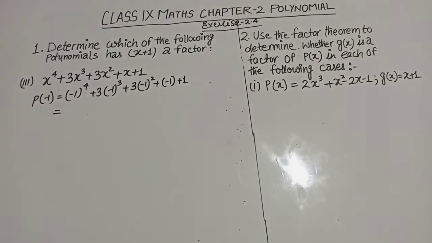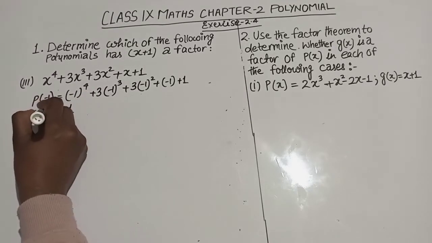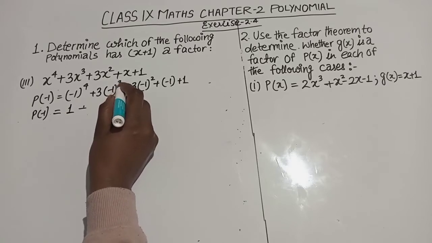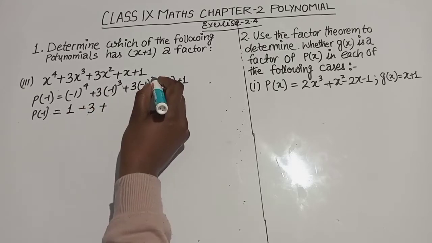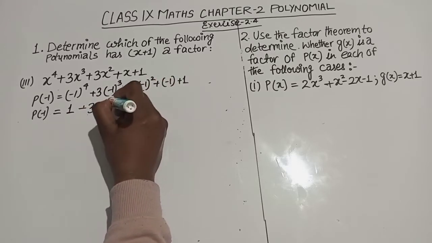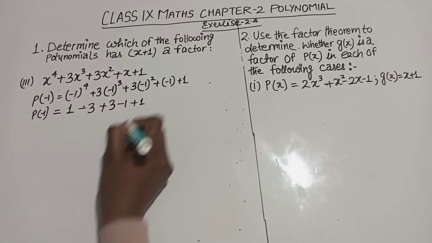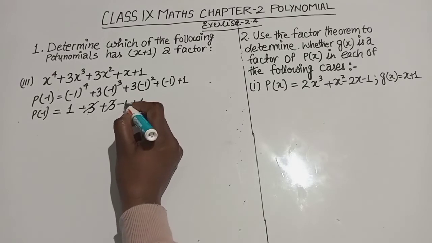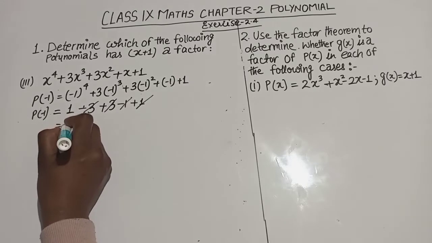Again, minus to an even power is positive. Minus to an odd power is minus, so it is 1 minus 3 plus 3, and so on. The 3 and minus 3 cancel out. The sign of 1 is minus and the sign of 1 is plus.